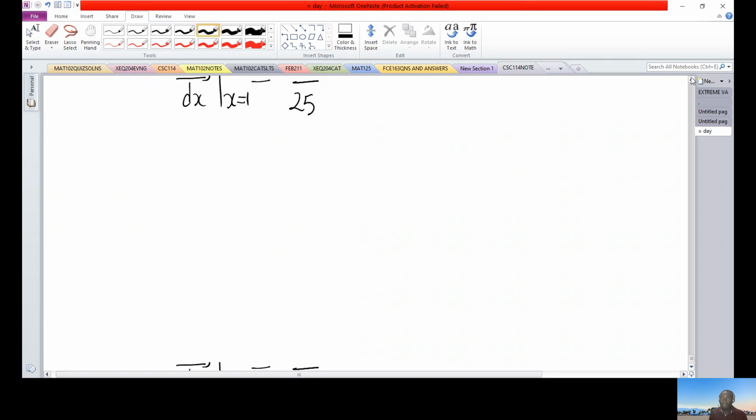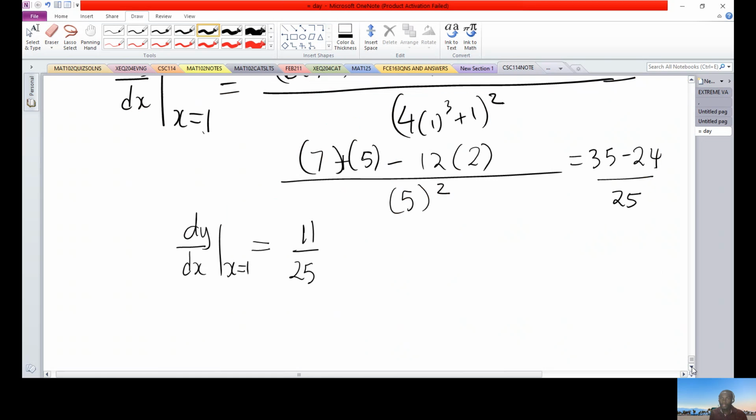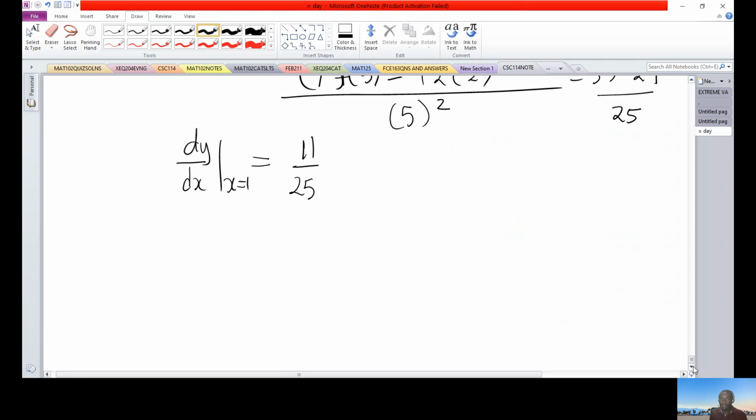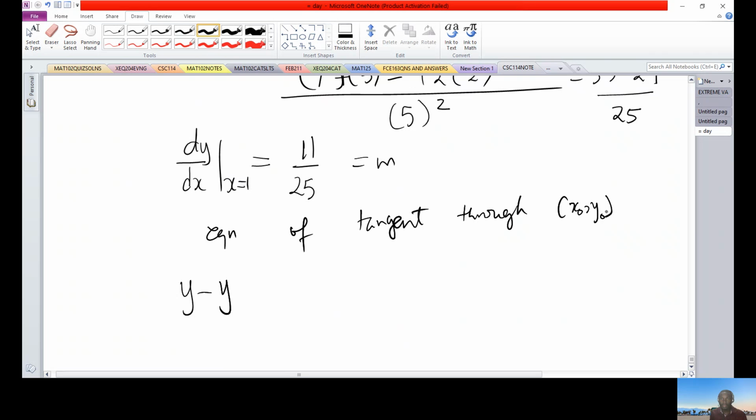So now, once you have this gradient, which is our normal gradient m, the equation of a tangent through the point (x0, y0) is y - y0 = m(x - x0). So let's get the value of the function when x is 1.